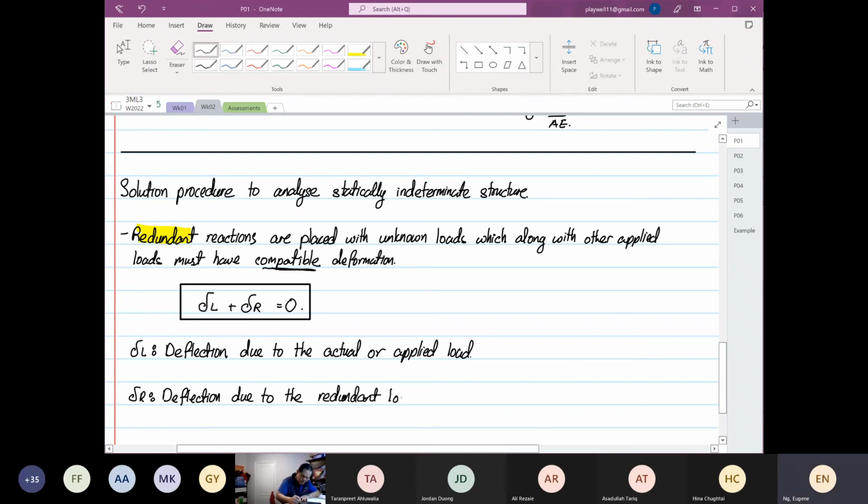The definition of redundant means it is not necessary to be there. Even without it, you'll be fine. The structure can support itself.